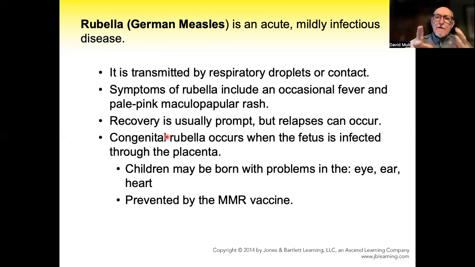It can have very, very serious consequences for a fetus. And again, the MMR vaccine has virtually eliminated this in the population. But where the vaccine is not being given anymore, you can expect these things to reoccur.